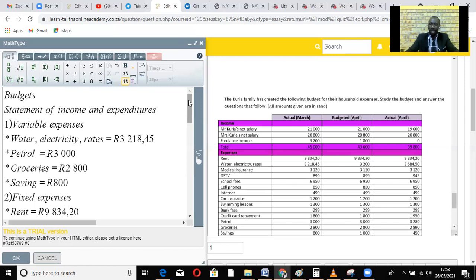Then when you are done with that, an activity will be coming really quick. That way, we at least have looked at section 2, which is budget, then statements of income and expenditures. Until next time, the next thing now is activities.